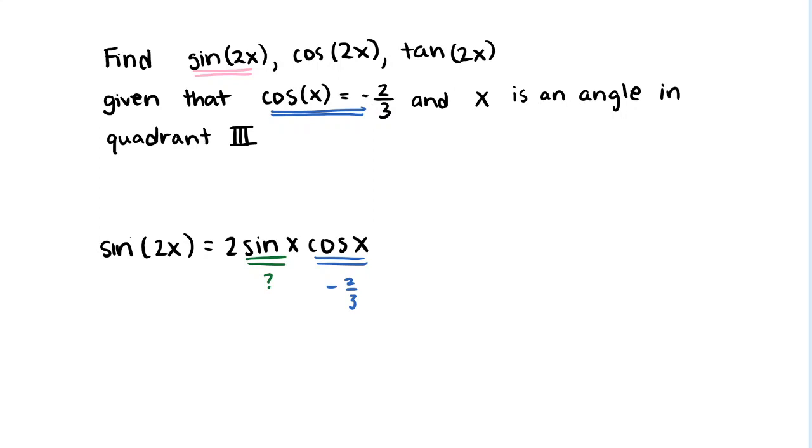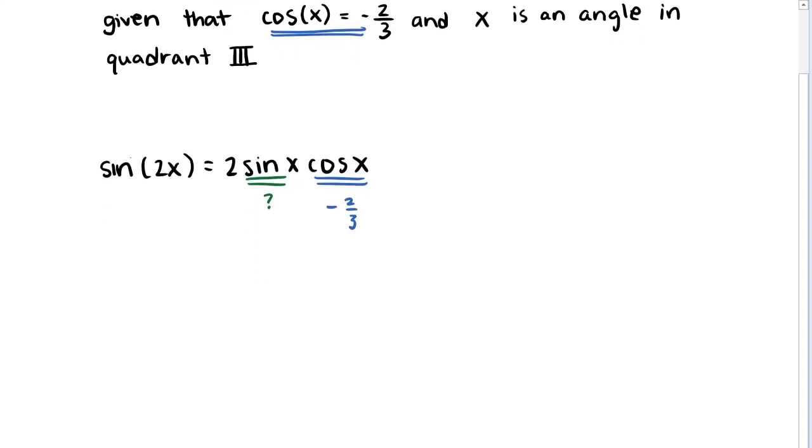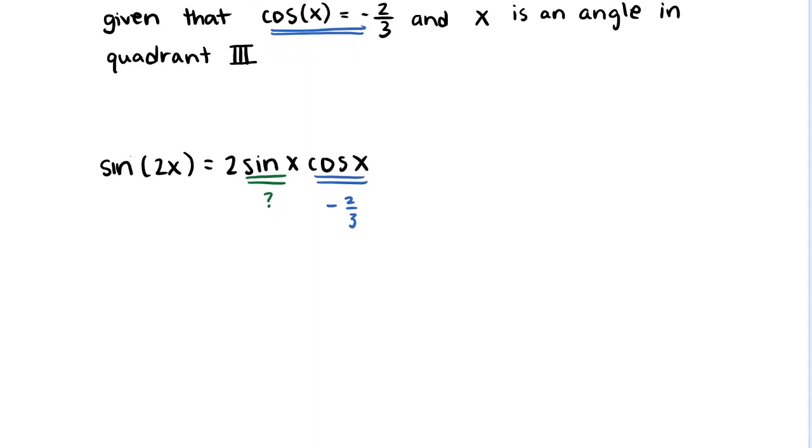And so how do we get sine of x from cosine of x? Well, here we have our Pythagorean identity to do so, right? So here we can recognize that sine squared of x plus cosine squared of x is always equal to 1.